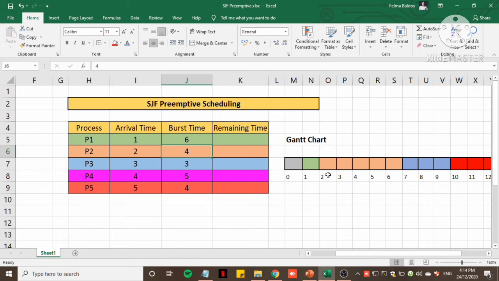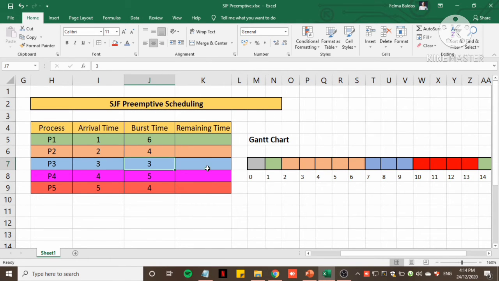So P2 executed all of its burst time, until P3 arrived at time 3, because P2 has a smaller burst time than P3. So here is the representation of it.